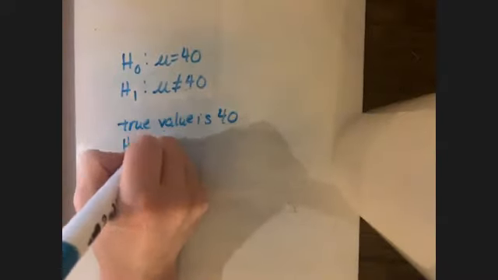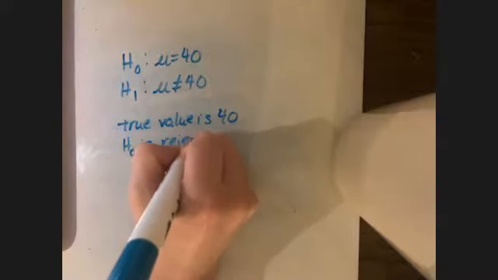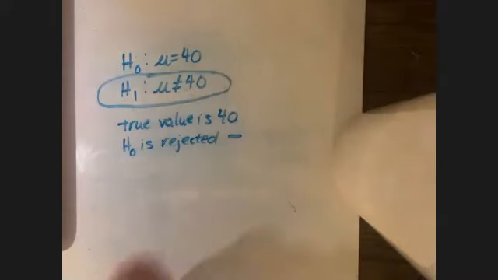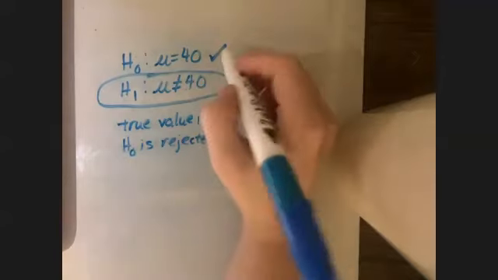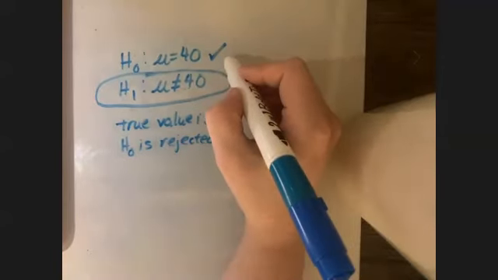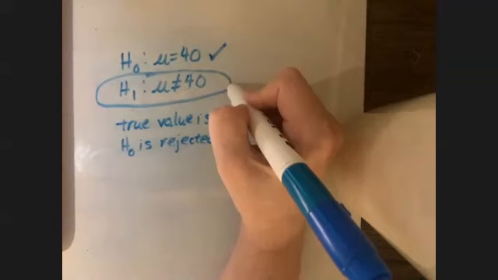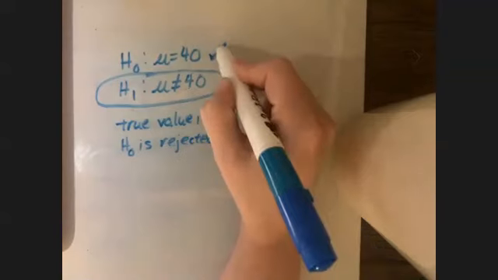H naught is rejected. With H naught being rejected, that says this is the decision we made. But this is the correct decision. This is not right. Thinking about it in the court case, they were found guilty when they weren't.